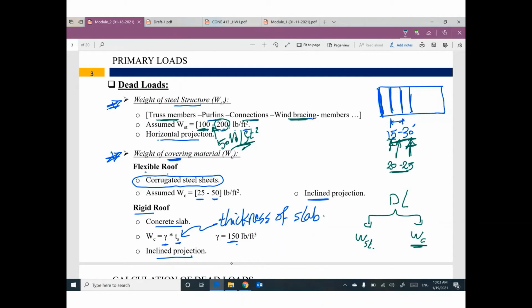And this covering probably can be flexible or rigid, based on whether you have concrete filling the corrugated sheet or just corrugated sheet. It depends. The other difference: for W structure, this one is horizontal projection, but this one is inclined projection. What is the meaning of horizontal and inclined projection? I will cover it soon.